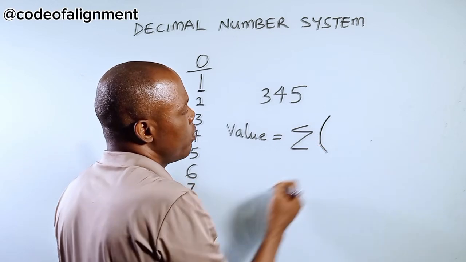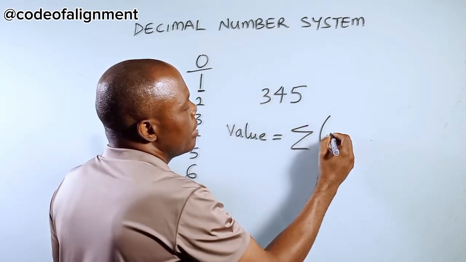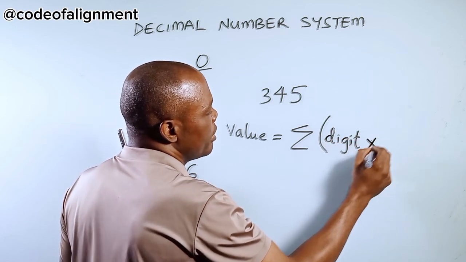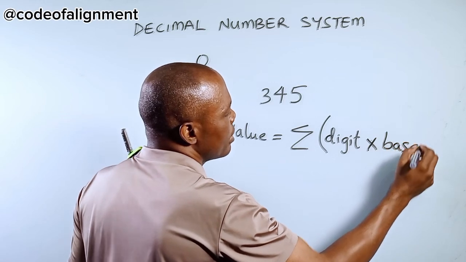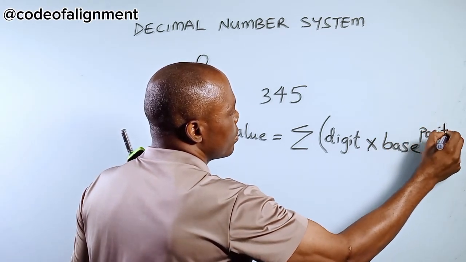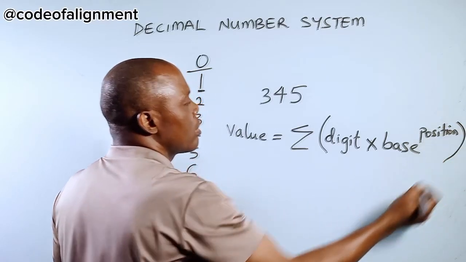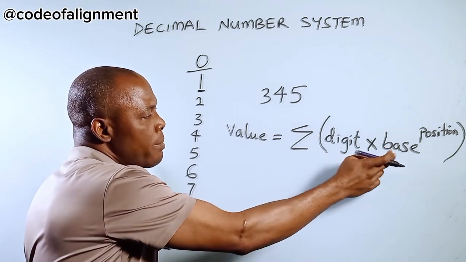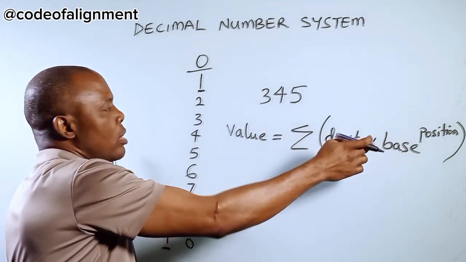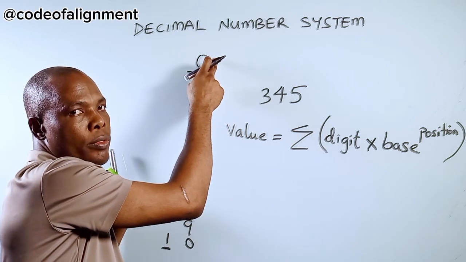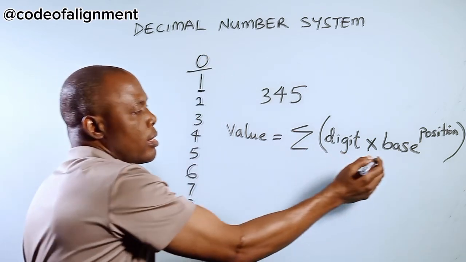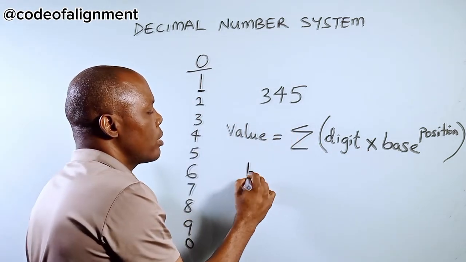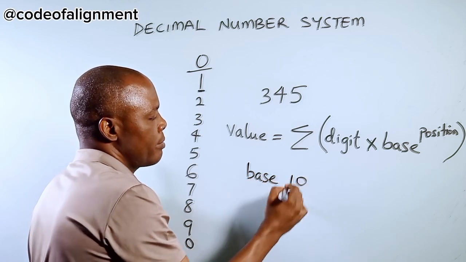we can put it in brackets, like this: digit multiplied by base raised to the power of position. This is the formula: the sum of digit multiplied by base raised to the power of position. This is position 0. Since we are looking at decimal, it is base 10.